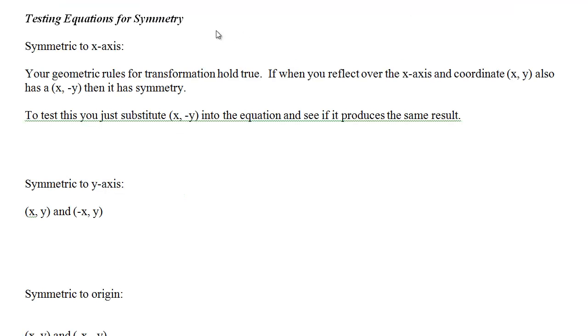Well, if I want to test for symmetry, or to see if it's symmetric to the x-axis, these rules pretty much follow. The geometric rule for, I put transformations here, sorry, this should be reflections.